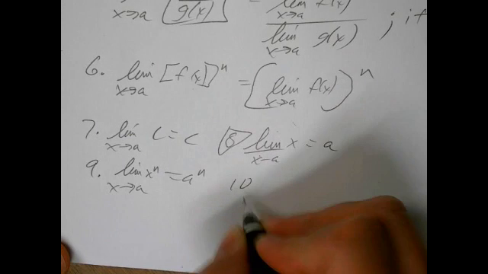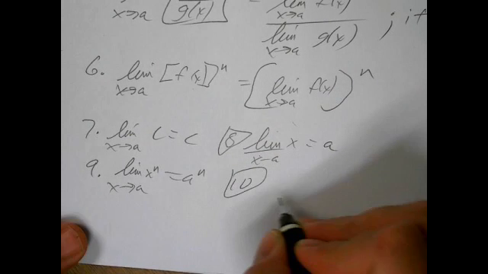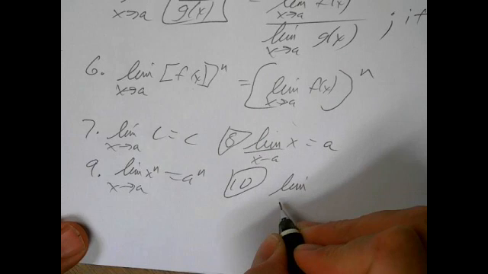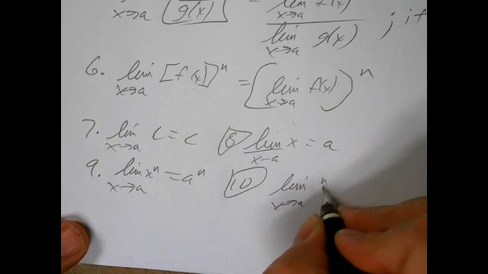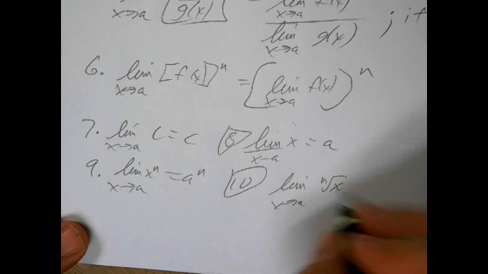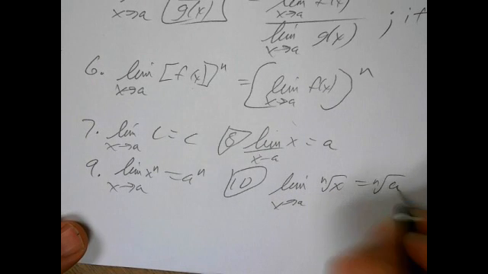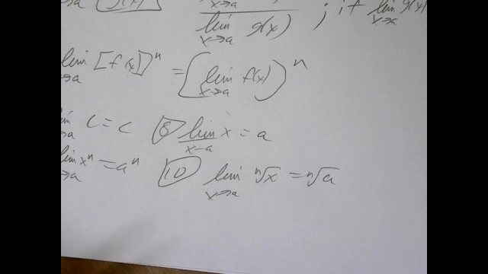As a matter of fact, with number 10, you have the limit as x approaches a of the nth root of x is equal to the nth root of a. And with that one, they're using 6 and 8 together.